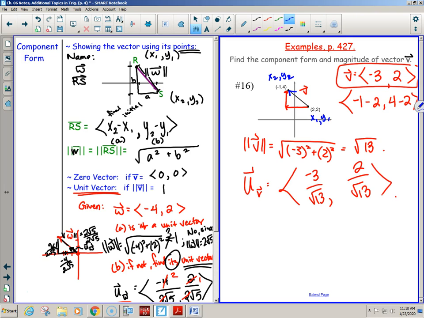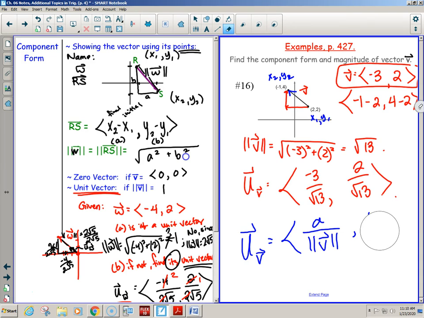What we're doing is we're saying to get the unit vector of any vector v, all we have to do is take v's a and divide it by the magnitude of him, and v's b, scale back, divide by the magnitude as well.